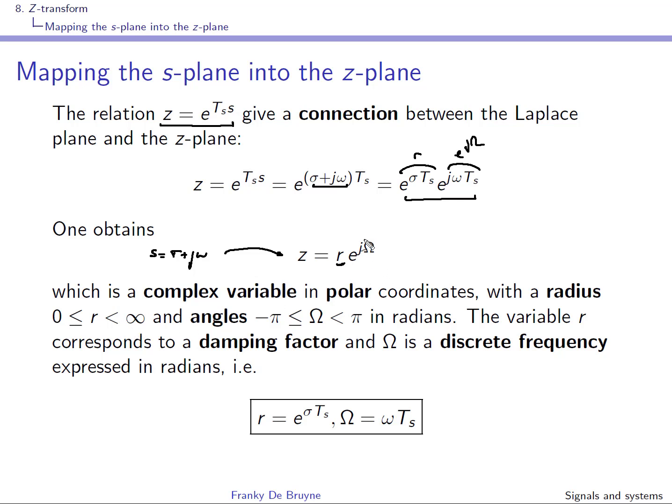The angle, capital omega, is the discrete frequency. It's linked to the frequency in the Laplace domain, in radians per second, times seconds, so the discrete frequency is expressed in radians. Observe also that the variable r is only linked to the damping factor sigma.